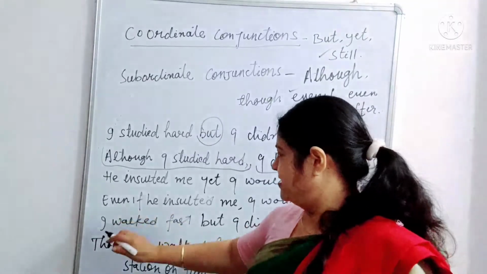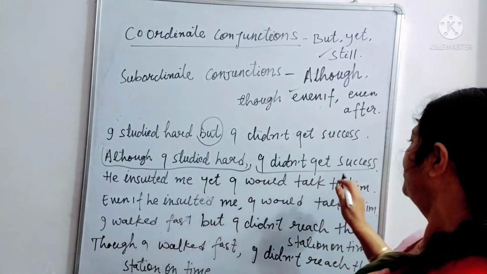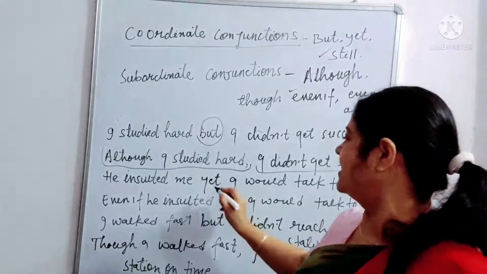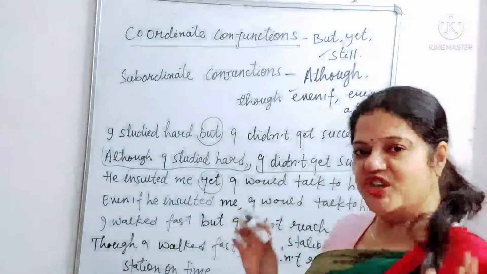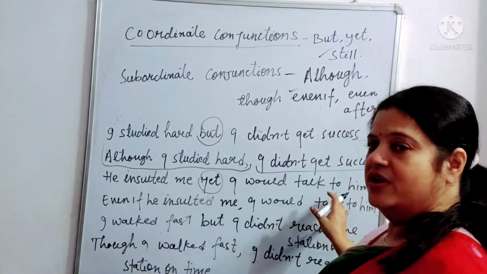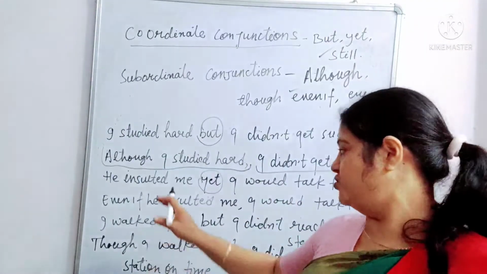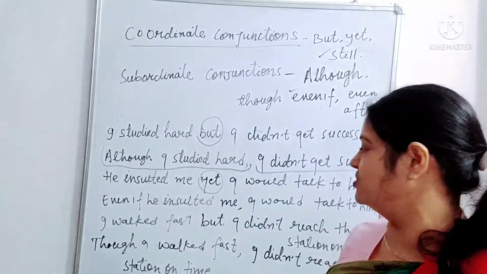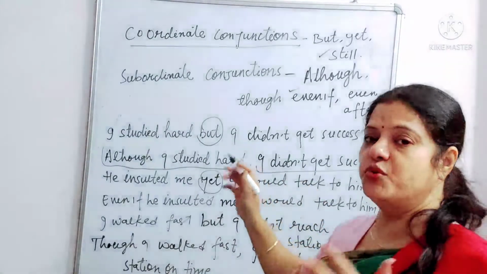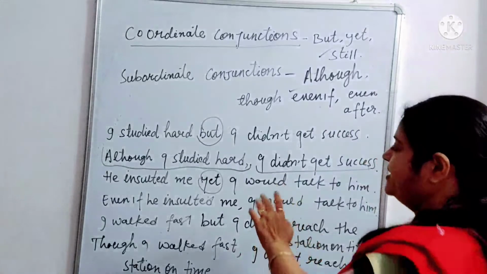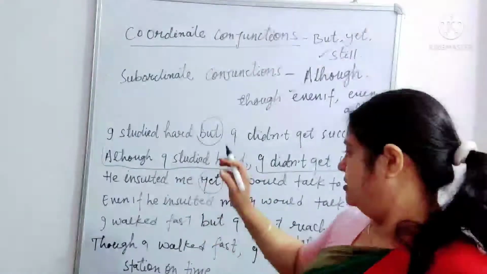Now let's see this sentence. He insulted me, yet I would not talk to him. Again we see that this sentence is a compound sentence, and this coordinating conjunction is connecting these two principal clauses, because it has come just before the sentence which shows result. So it has become a compound sentence adding these two principal clauses.